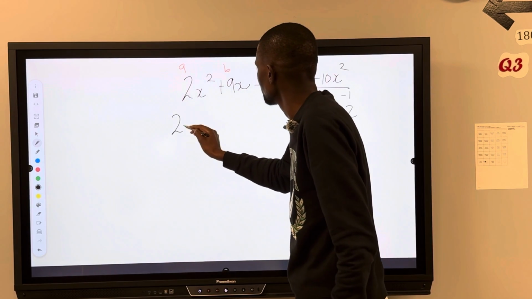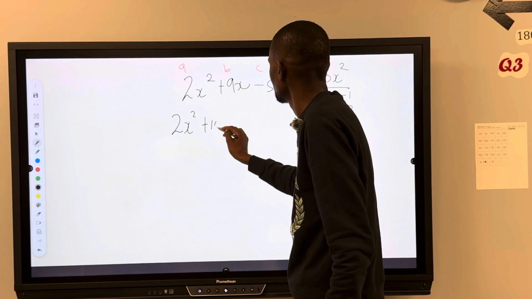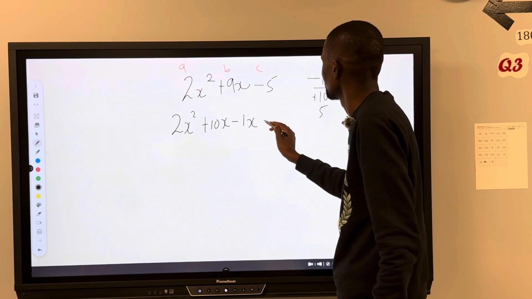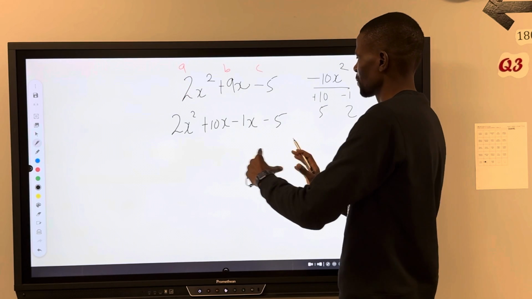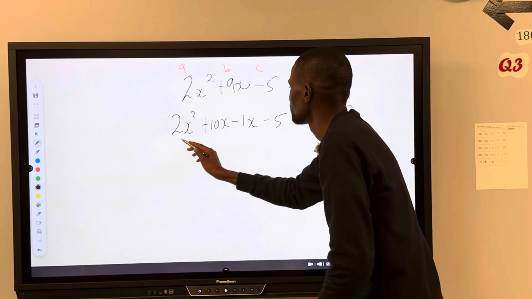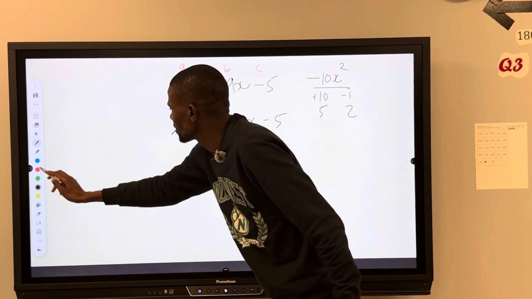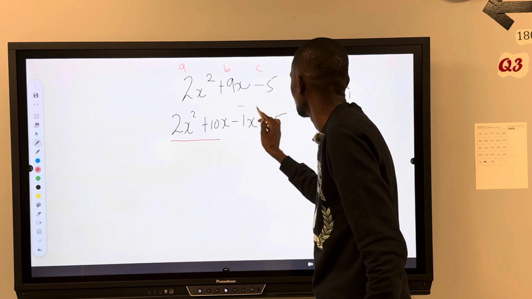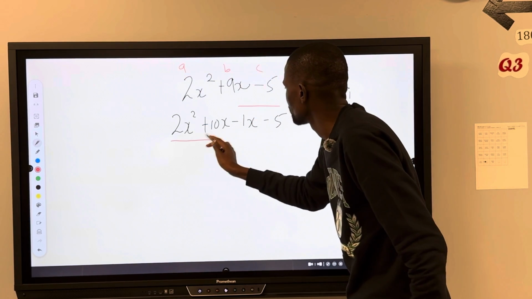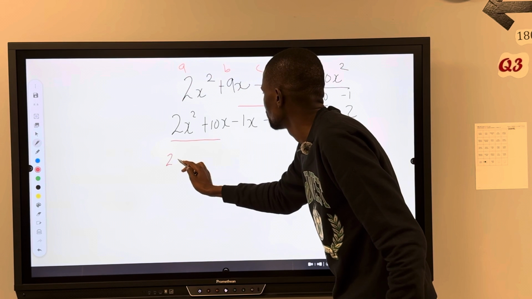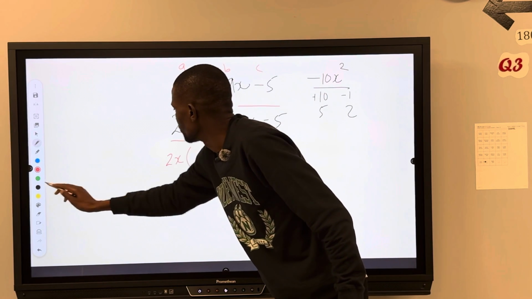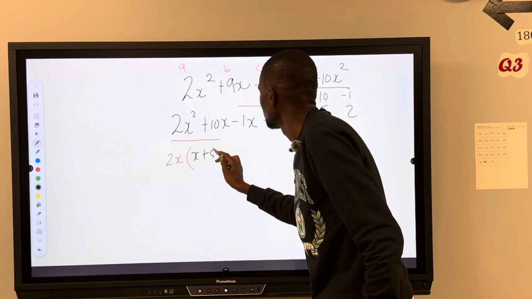So you come here and say it's 2x squared plus 10x minus 1x minus 5. We are going to expand the middle term. You consider the first two terms and the last two terms. From the first two, we take out 2x, and we remain with x plus 5.